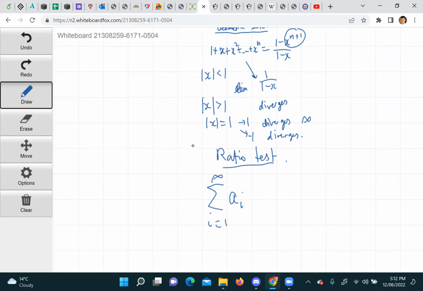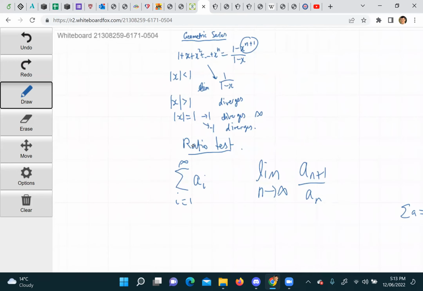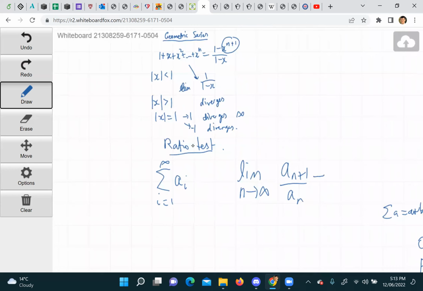You take the limit as n goes to infinity of a_(n+1) on a_n. If this is less than 1, that means it's decreasing, so it converges.